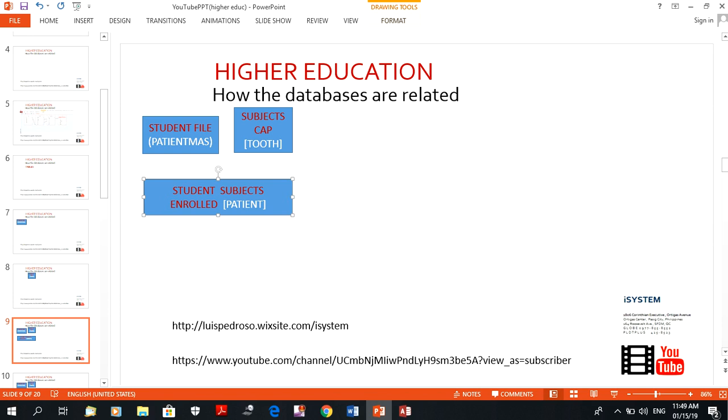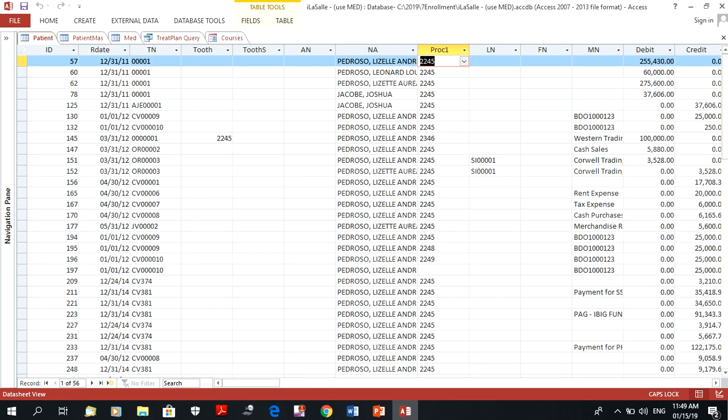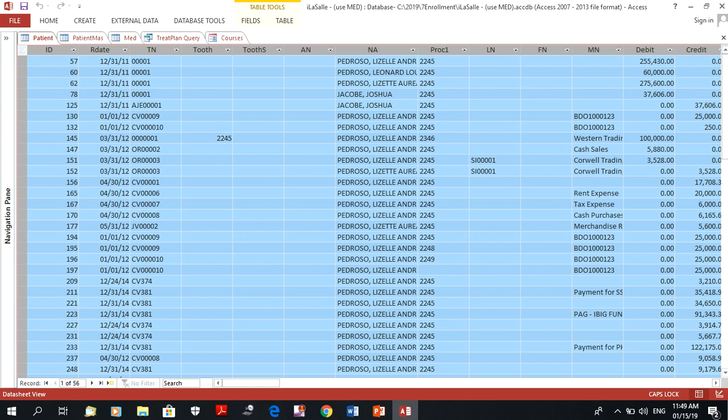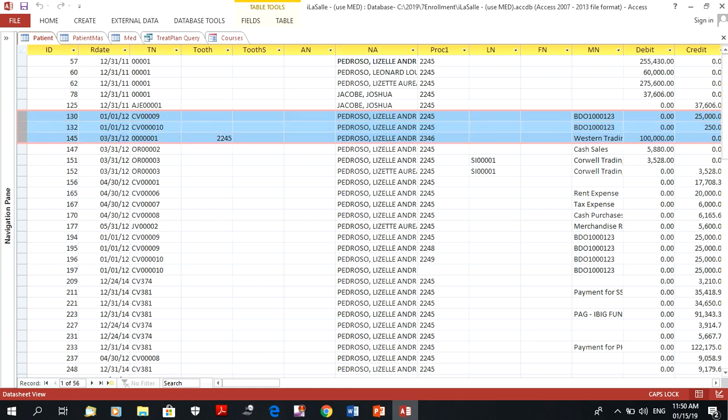You have a student file for your master file, you have the subjects file where you put in the cap, and then you finally have a master file of what the student is enrolled in this semester. So that's what that file is for. Here is the student that is enrolled, and let's say he has enrolled in several subjects.